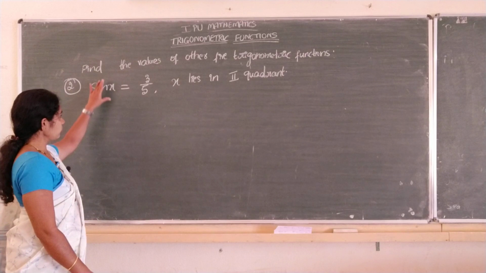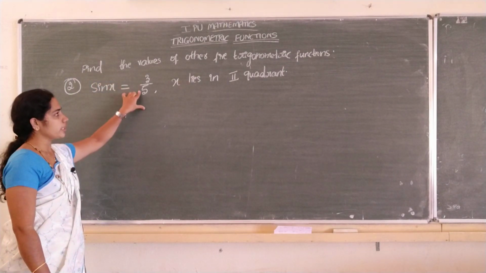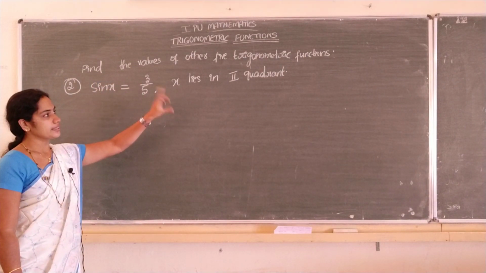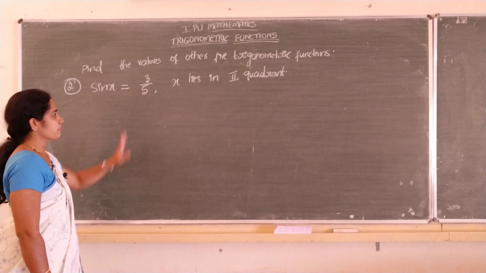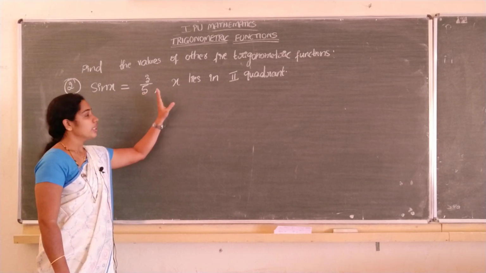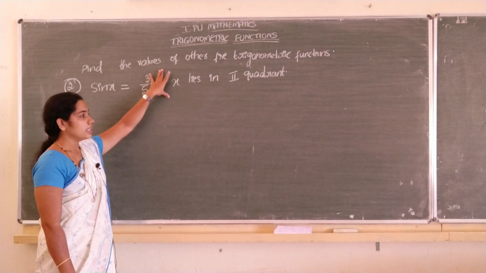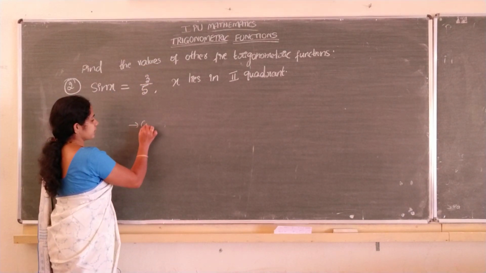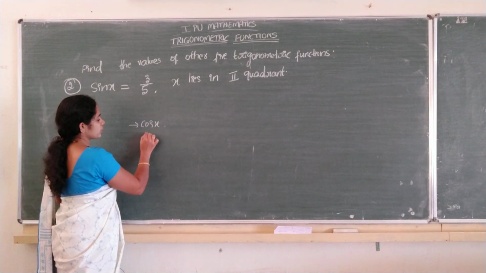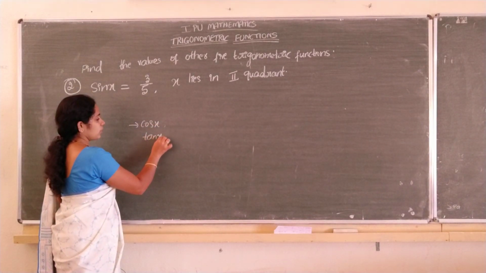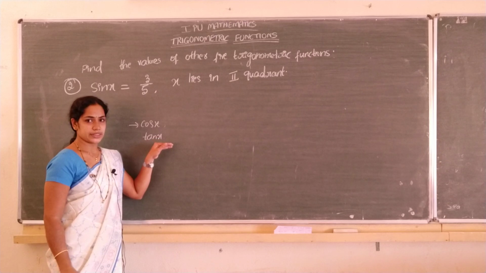See, sin x is equal to 3 by 5, x lies in second quadrant. Suppose one trigonometric function is given, the question will be asked like this: find cos x and tan x. It will be asked for 2 marks.